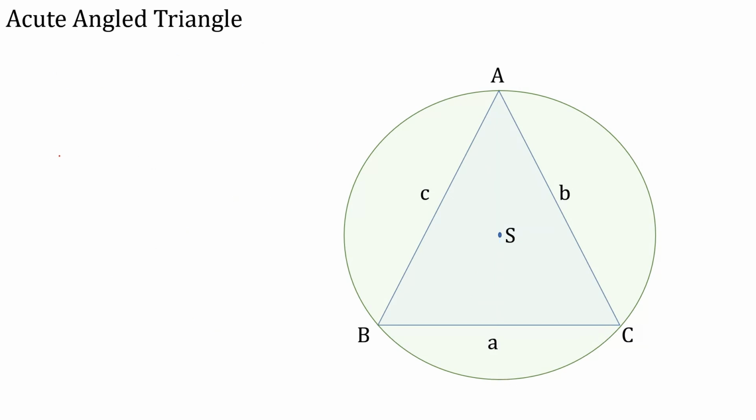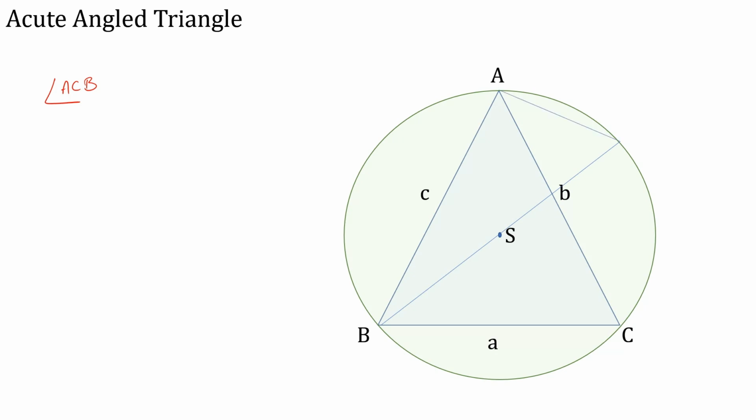Consider chord AB to prove it for angle C. Now chord AB is making angle ACB in the major segment. We'll draw another angle whose one arm passes through the circumcenter. So we'll draw from B to S and then join it onto the circle.